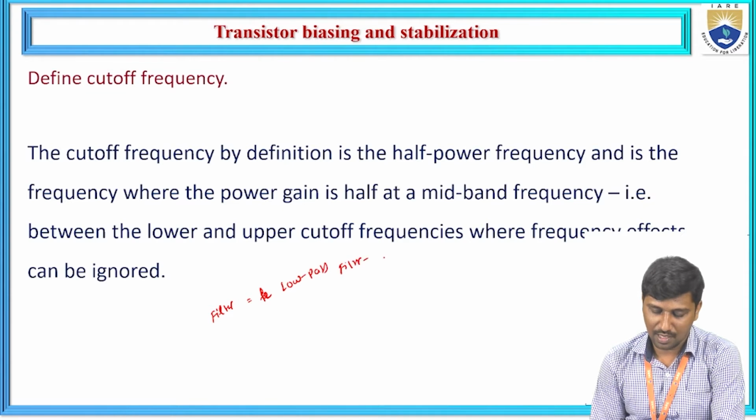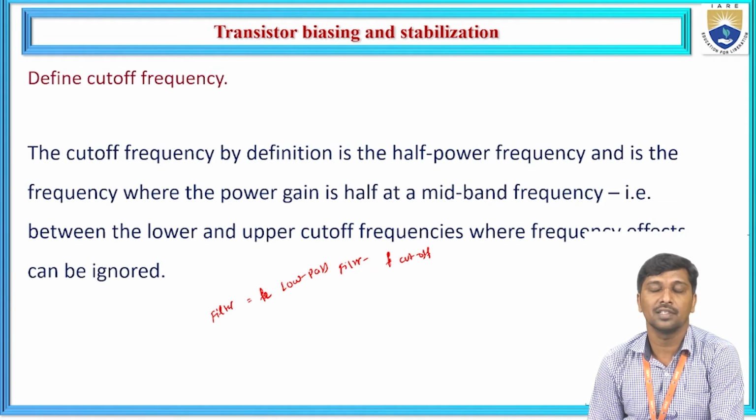The low pass filter allows lower frequency signals that are within the limit of some given frequency. There we need to find a cutoff frequency. From zero up to this cutoff frequency, all the signals are passing through that low pass filter, and beyond this cutoff frequency, they are attenuated by the low pass filter.